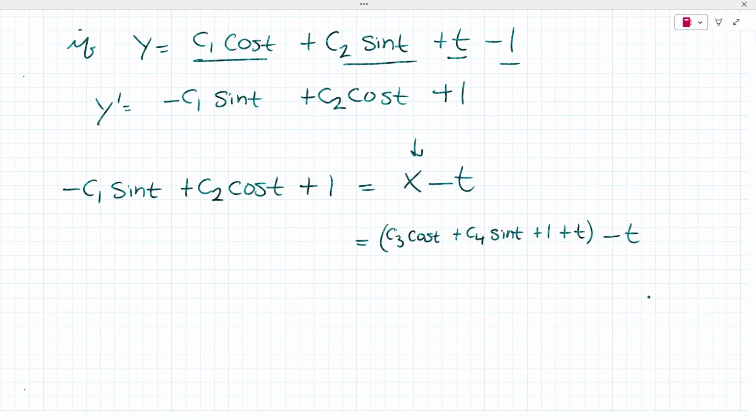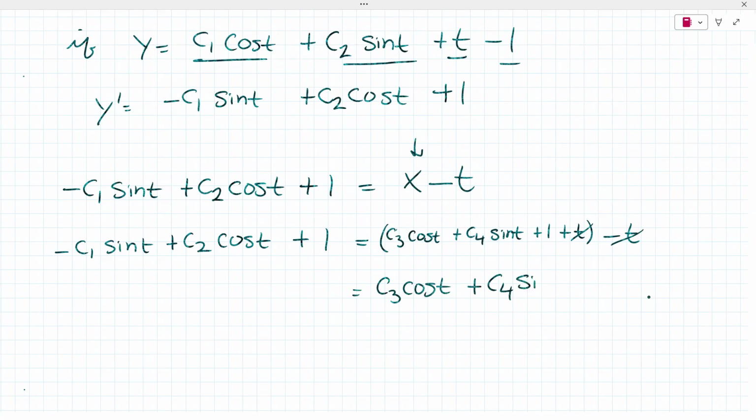And then over here we have negative c1 sine t plus c2 cosine t. Do you see these t's cancel? Because positive and negative t. So now on the right side, you're left with c3 cosine t plus c4 sine t.